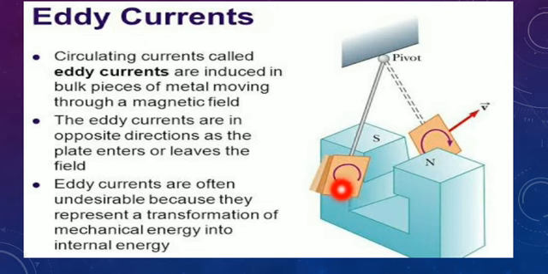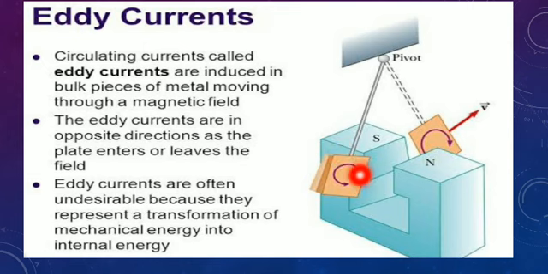In this metal plate the magnetic flux changes due to the oscillation, therefore induced EMF is created. Due to the induced EMF, current is produced. The currents flow in circular loops. That's why it's called eddy current.